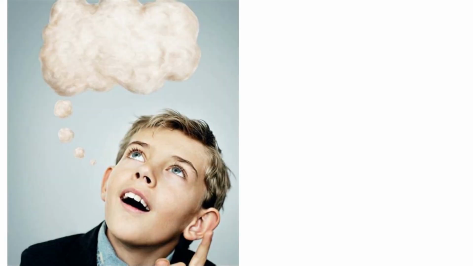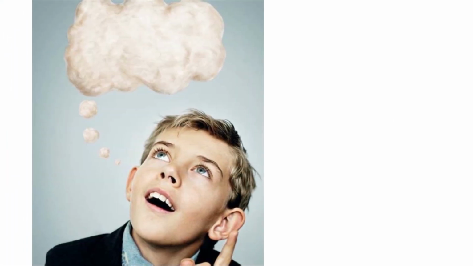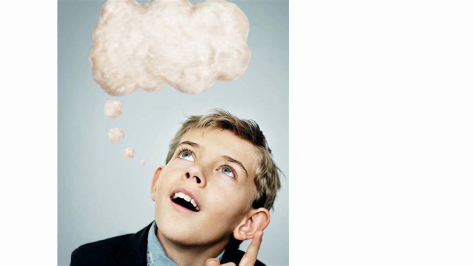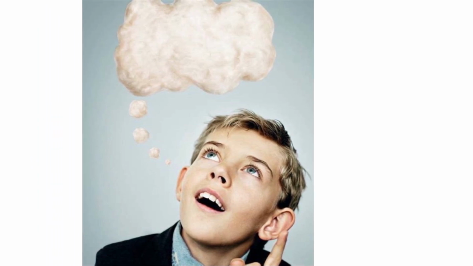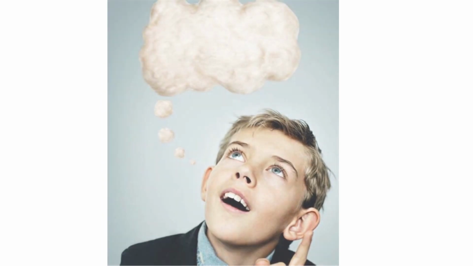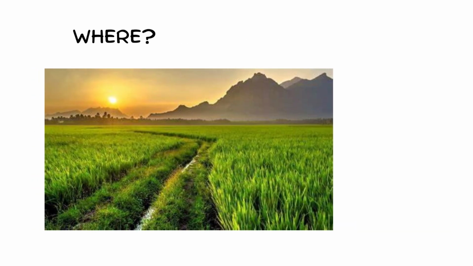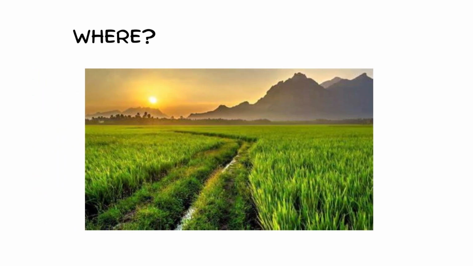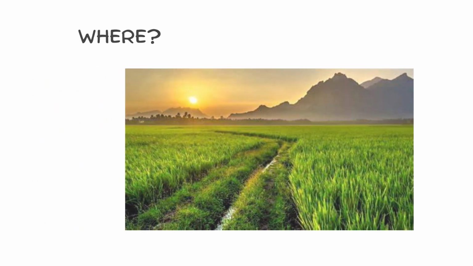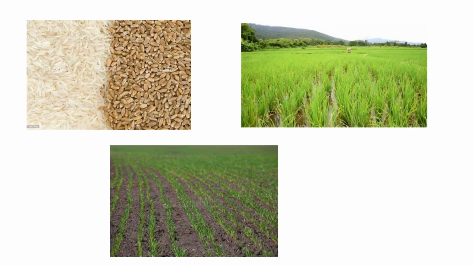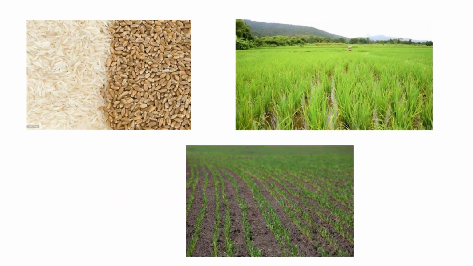Unit 2, Food Materials and Sources. It may be easy for us to guess the sources of some ingredients that we have listed in Activity 2. Fruits and vegetables, for instance. Where do they come from? Plants, of course. What are the sources of rice and wheat?